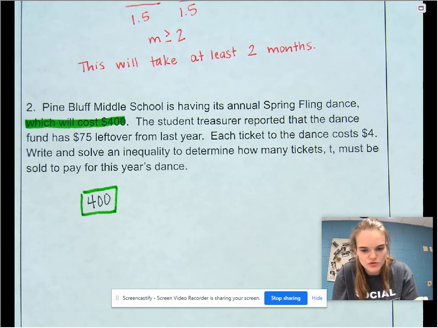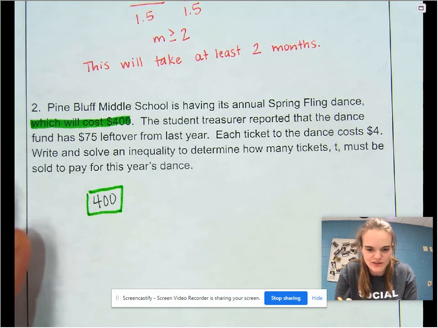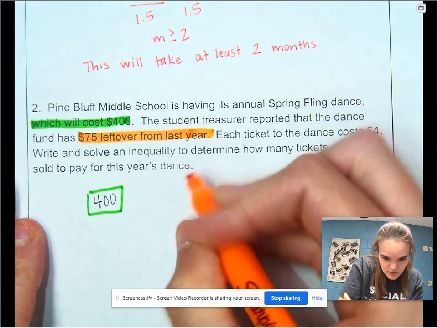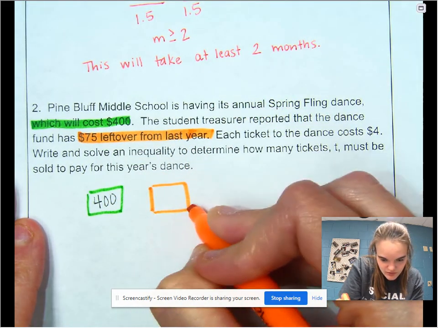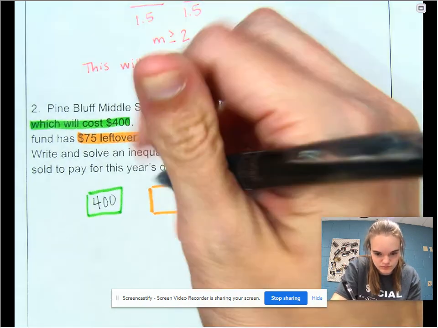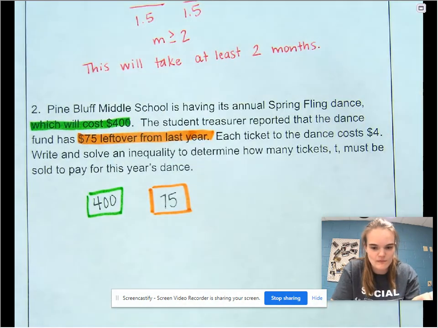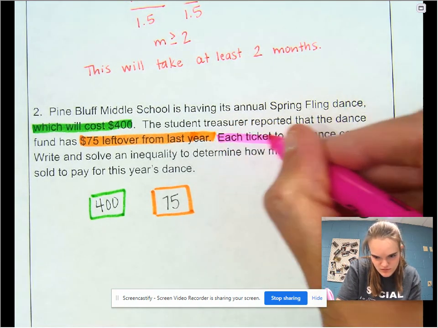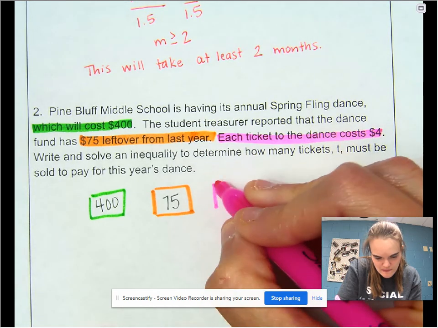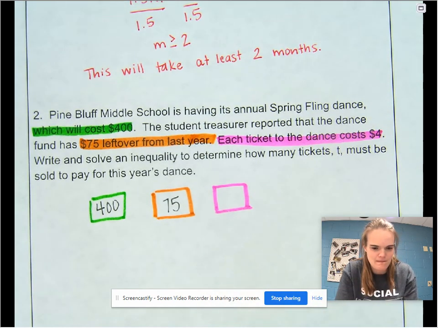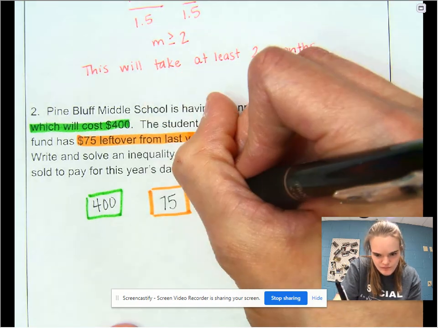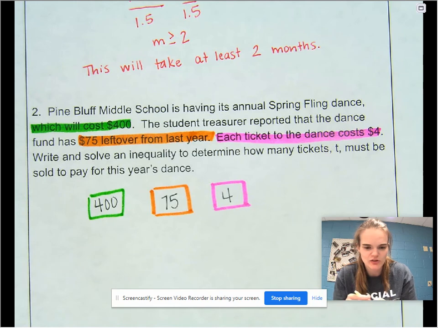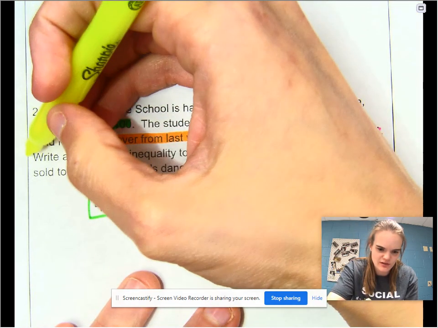The student treasurer reported that the dance fund has $75 left over from last year. $75 left over. We already have $75. Each ticket to the dance costs $4. Write and solve an inequality to determine how many tickets must be sold to pay for this year's dance.